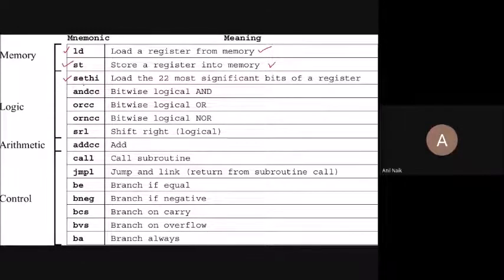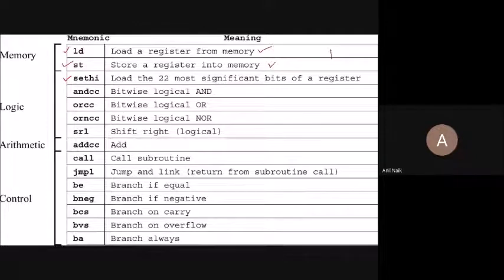We spell it as set high. Set, as you know, high means logic 1. So it loads the 22 most significant bits of a register. Set high is the mnemonic that indicates loading the 22 most significant bits of a register.